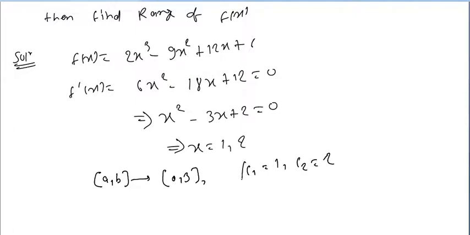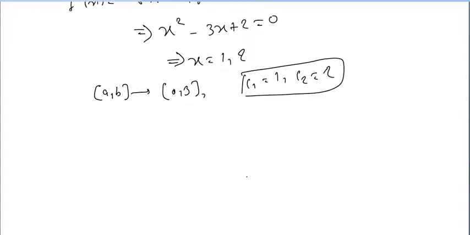Those are the two critical points in the interval A and B. Then find the values at all points, that is, find f of A, f of B, f of C1, f of C2. Here A is 0.